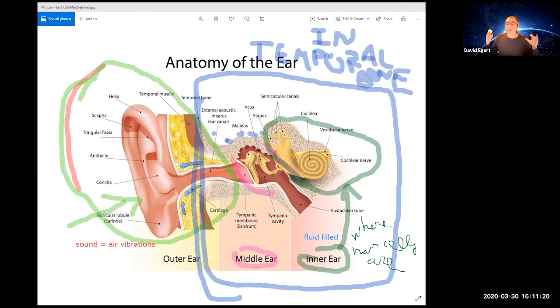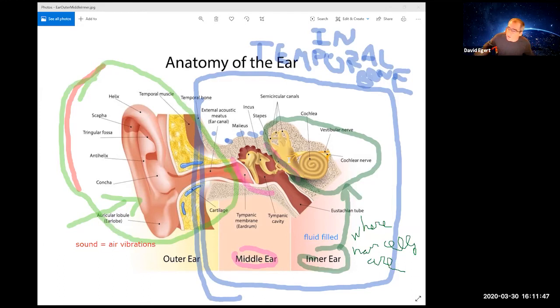In engineering, we talk about impedance matching. If you have two different systems and you want to efficiently transfer the energy from one into another, you have to be intentional about it. If you just took the air vibrations of sound waves and pushed them up against the little membrane on the inner ear, most of the energy would just bounce back.